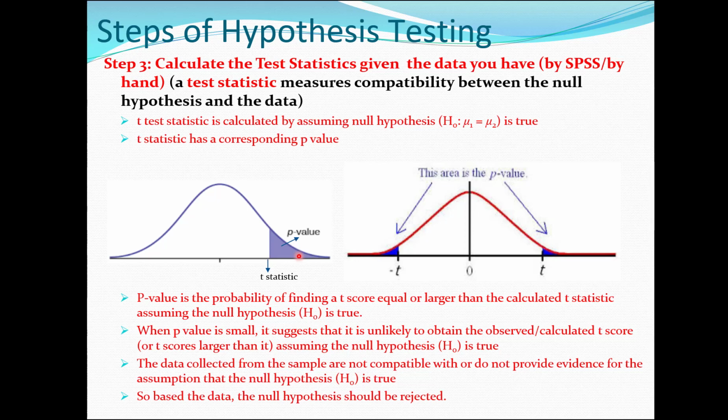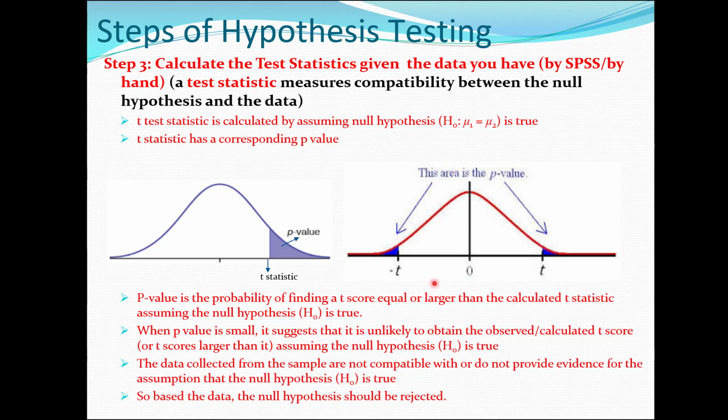So you can see from this graph that one-sided means what? I only have one area on one side representing my p-value. But this graph shows non-directional. As I mentioned before, a non-directional hypothesis is also called two-sided. Why two-sided?